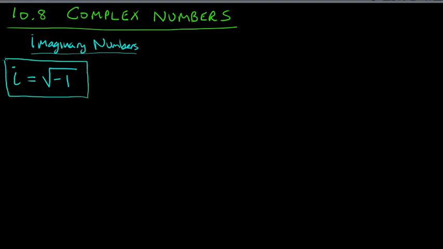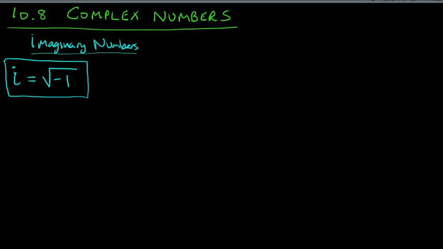This is part of the reason why you never saw equations with i's in them. We never used i as an actual variable. That's not to say that you can't, and in some equations you will use i as a variable, but generally not, because we're going to use i to represent this particular number. So i is a number, but it's not a real number, it's an imaginary number. It's the square root of -1. This is just the definition of i.